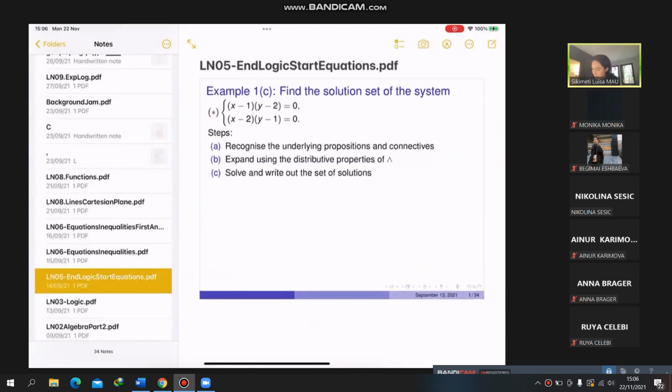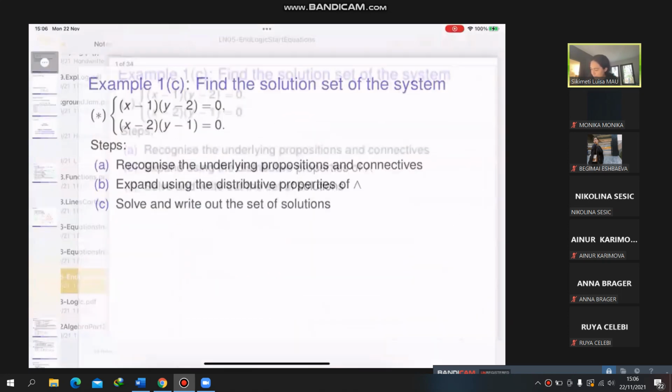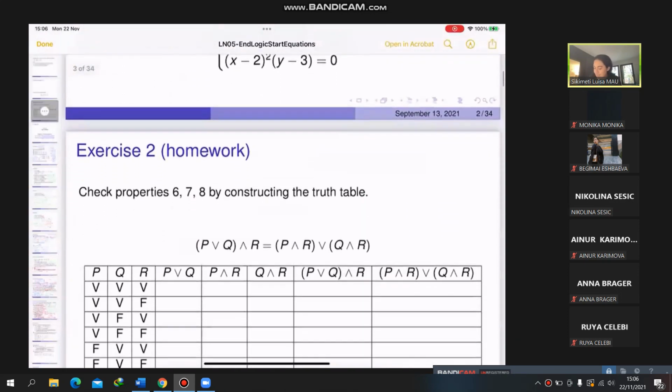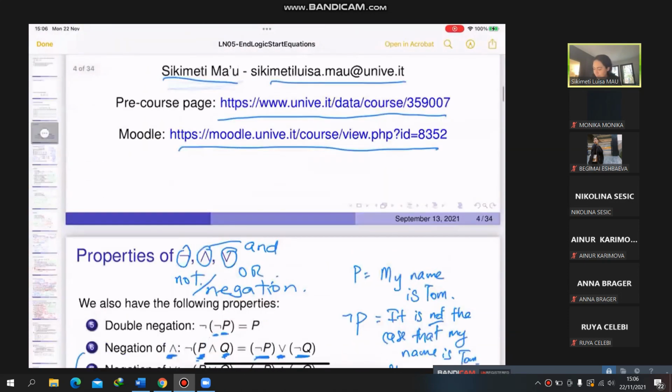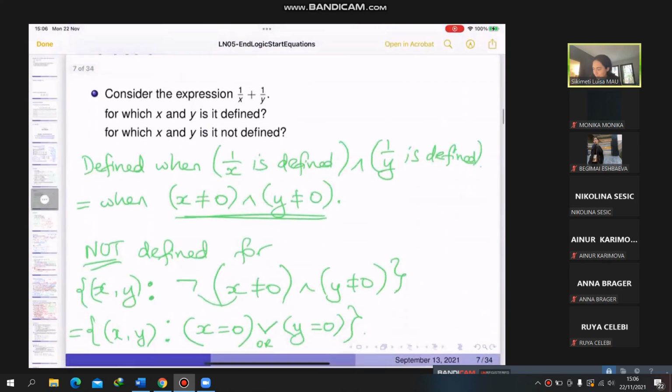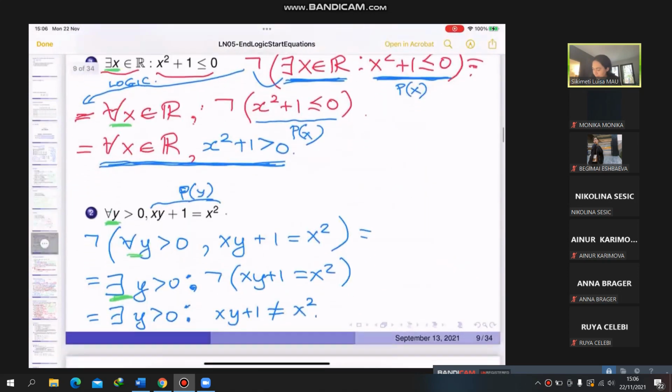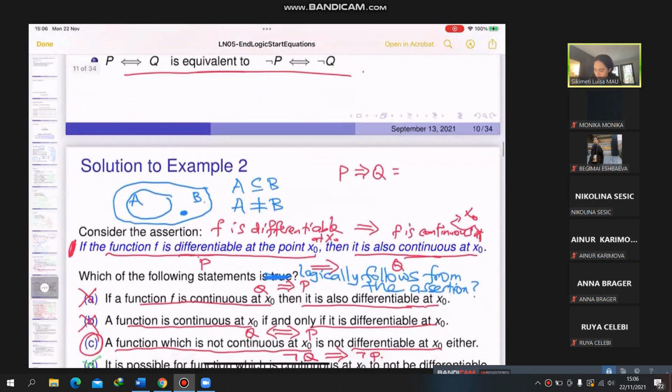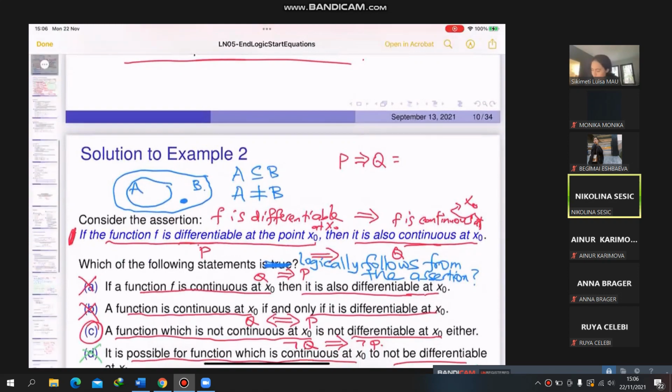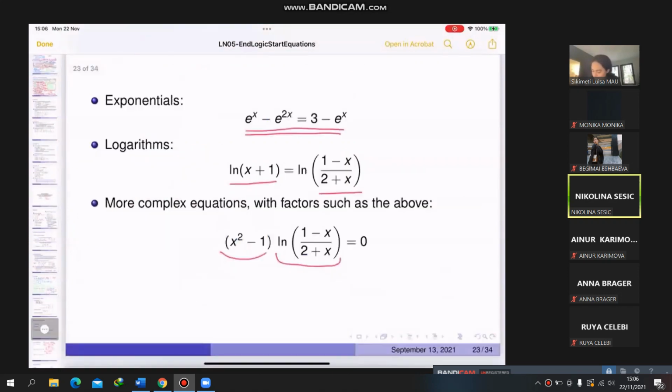Let's have a look. Was it this one? This one here? Let's see. Yeah, example starts with x minus 2 divided by 3.